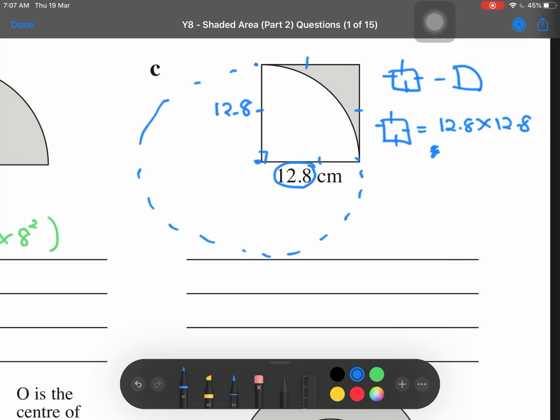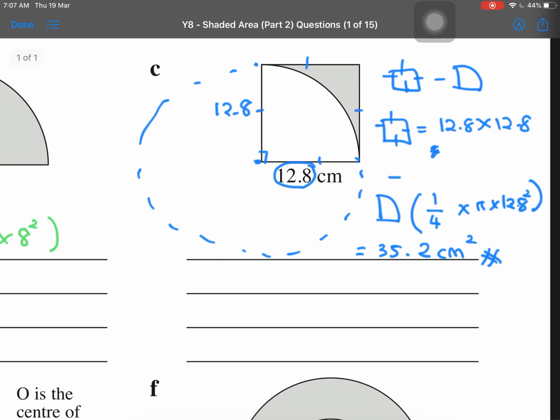I'm just showing you that. And then you minus this with the sector. And the sector, the formula is a quarter, because 90 over 360 is a quarter. And you times this by pi r squared. Okay? And this will give you 35.2 cm squared. Okay, done.